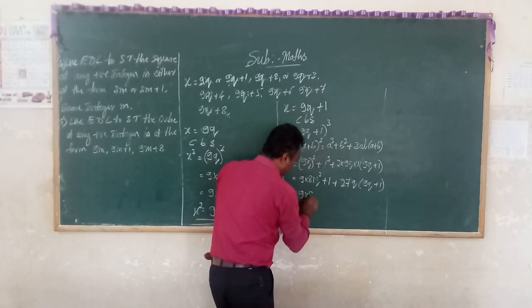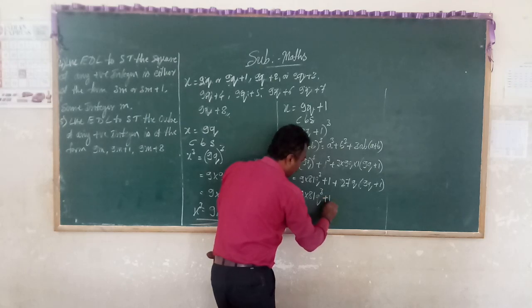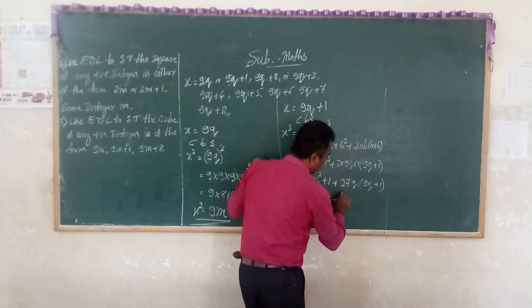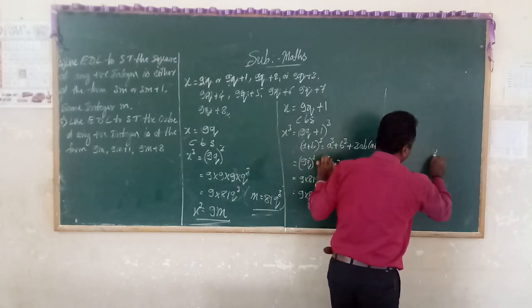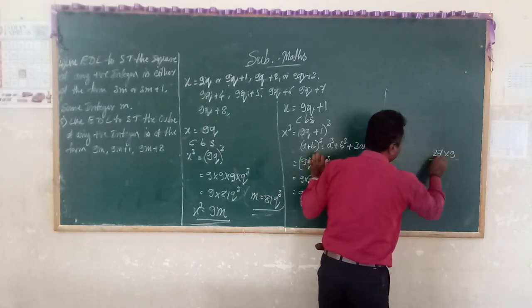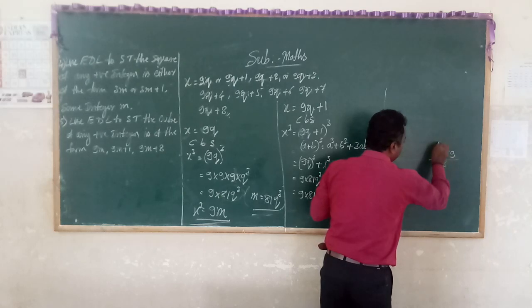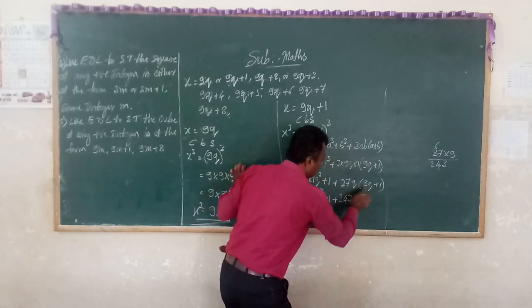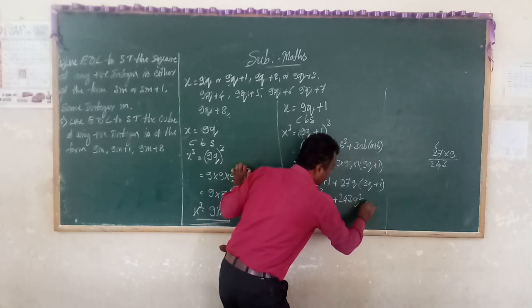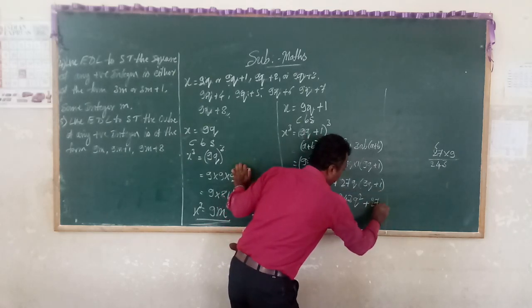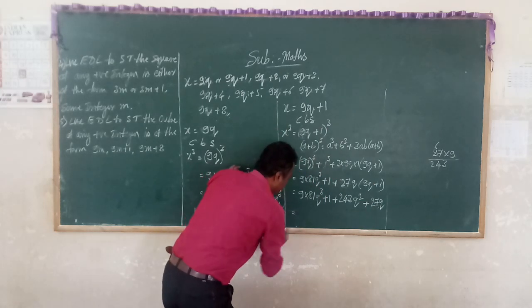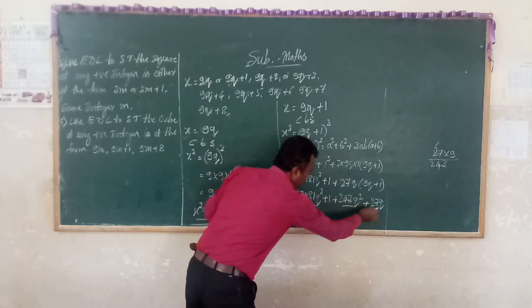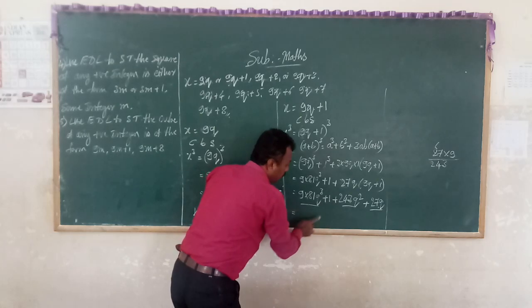So 9 into 81 q cube plus 1 plus 27 into 9. You should multiply that. 27 into 9, what will you get? 9 7s are 63, 6 carry, 9 2s are 18, 18 plus 6, 24, 243 becomes 243 q square plus 27 q into 1, 27 q. Okay students, next, I am making a group of these two terms. One I am not putting in the group.